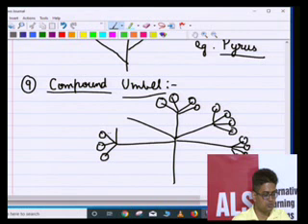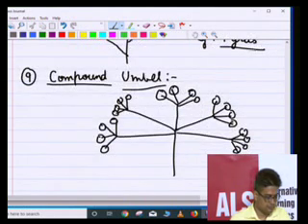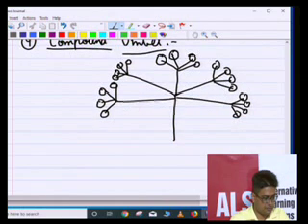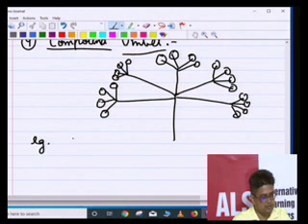So this is a branched umbel kind of inflorescence. Example, just write the example.